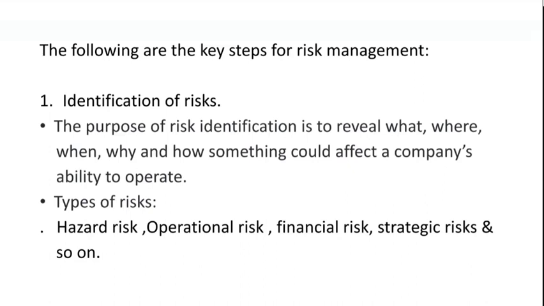The four main risk categories are hazard risks such as fires and injuries, operational risk including turnover and supplier failures, financial risks such as economic recession, and strategic risks which include new competitors and brand reputation. An organization can identify risk through experience and internal history, consulting with industry professionals, and external research.